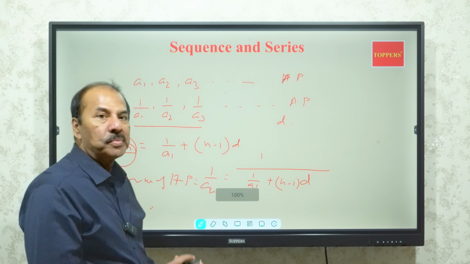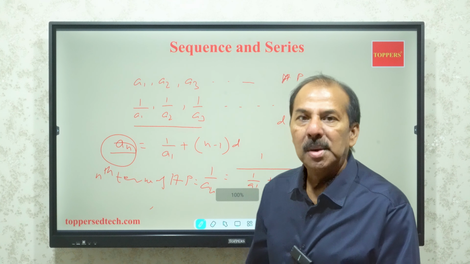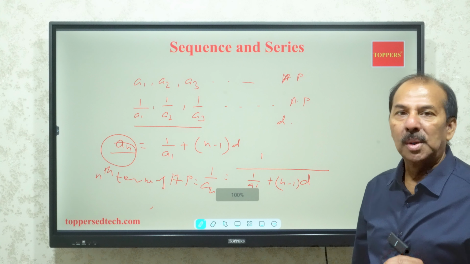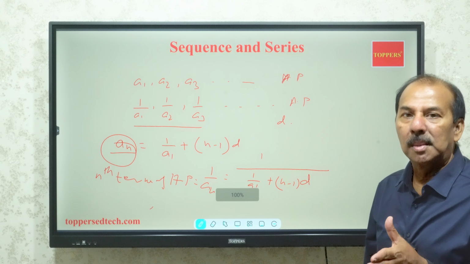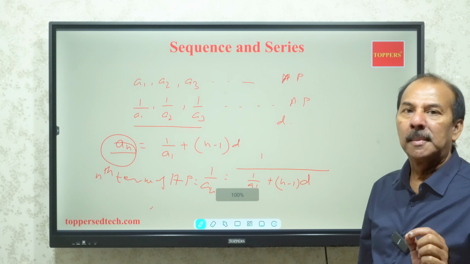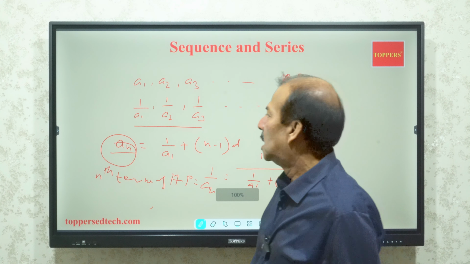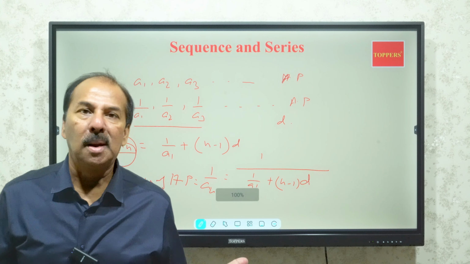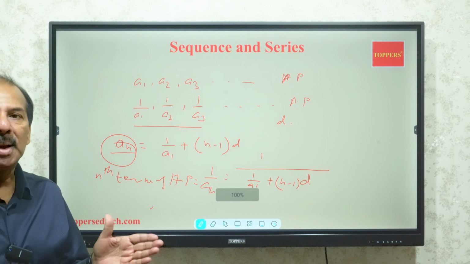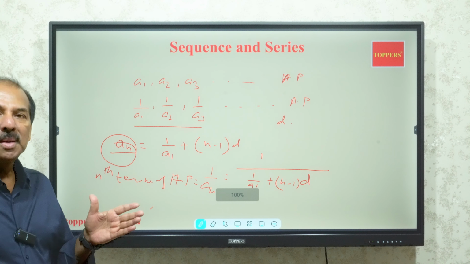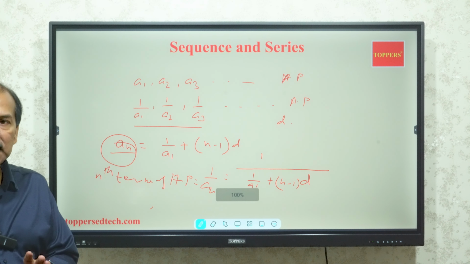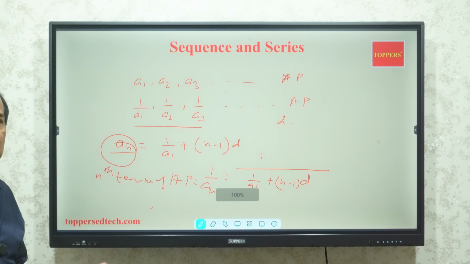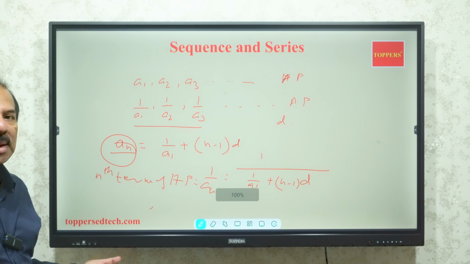As far as the sum of the terms in the HP is concerned, we don't have any particular relation. As we have the sum of n terms in AP, and similarly the sum of n terms in geometric progression, those relations are already there, and directly using them we can calculate.